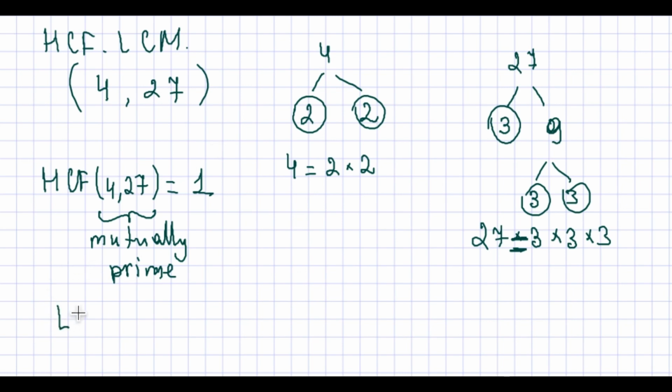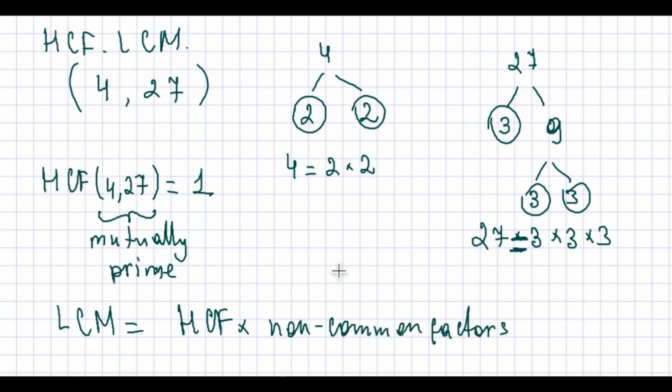But what about their LCM? As we talked before, to find the LCM of two numbers, we need to multiply their HCF by the non-common factors. When we follow this rule, the HCF of 4 and 27 is 1, and their non-common factors, actually all the factors here are non-common, so we write 2 times 2 times 3 times 3 times 3.